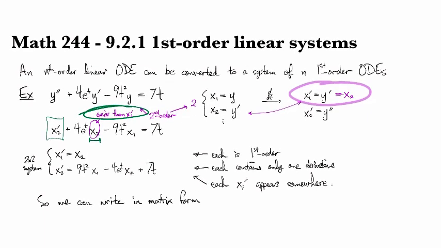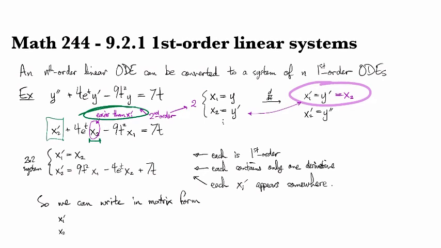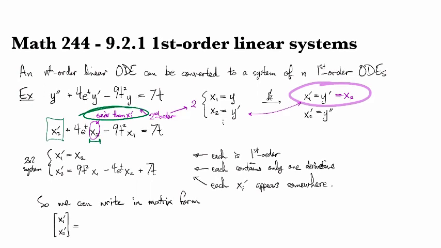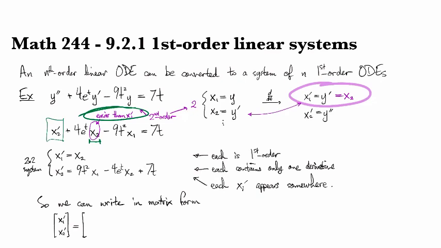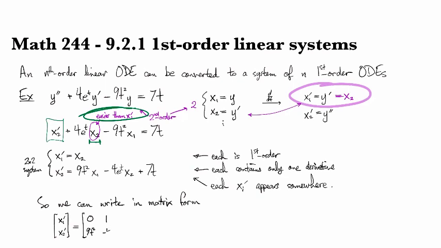So on the left side I have x1 prime, x2 prime as a matrix, and then I've got my equal sign, and then I've got a matrix with coefficients 0 and 1, and then 9t squared and minus 4e to the t.